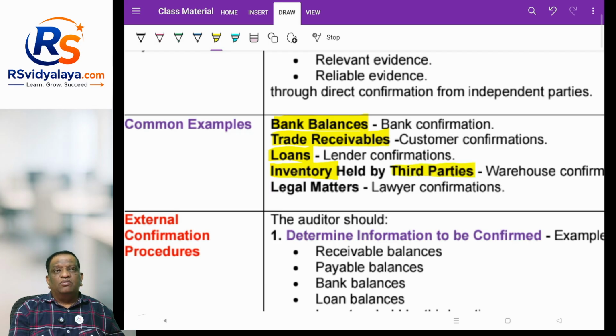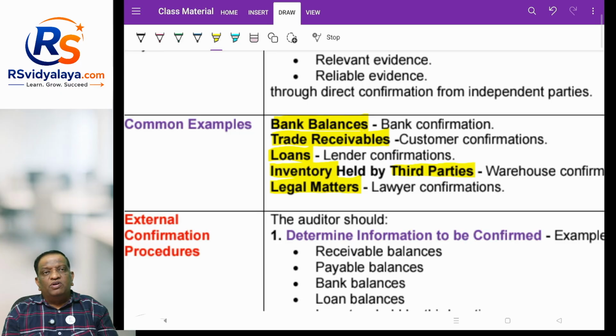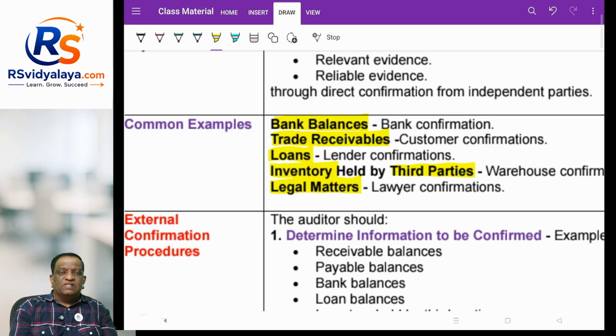That is what we just covered in SA 501. Is it mandatory for the auditor to visit the third parties to get the confirmation? Not required. Physical verification is not required, rather confirmation is required. And then any legal matters where we would be taking the confirmation from the lawyers. So, these are the examples of it.